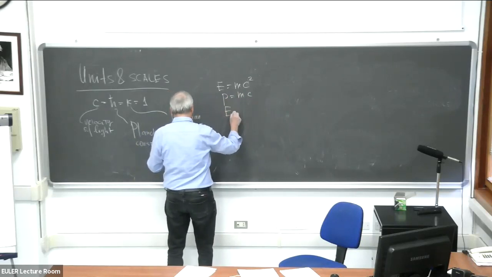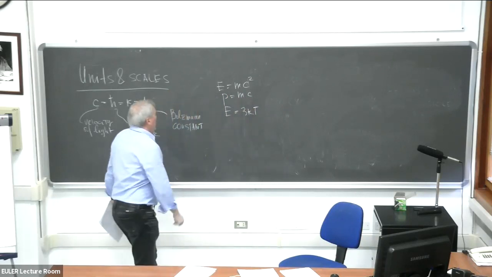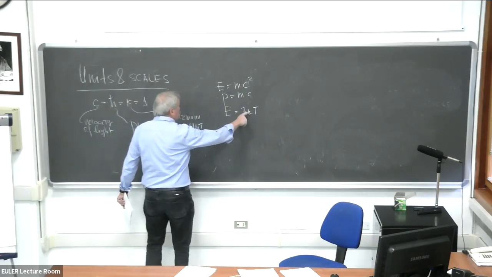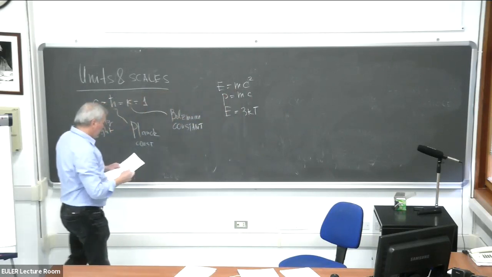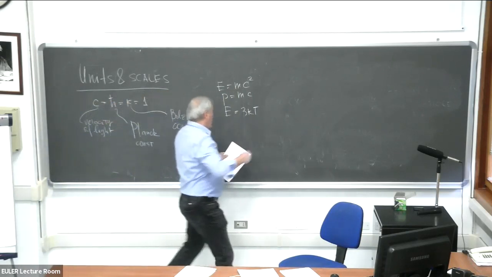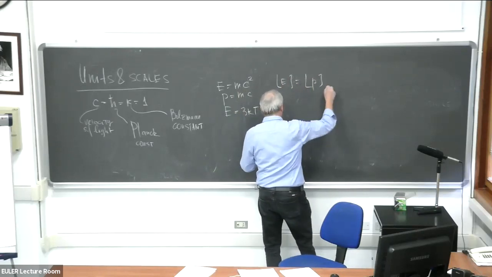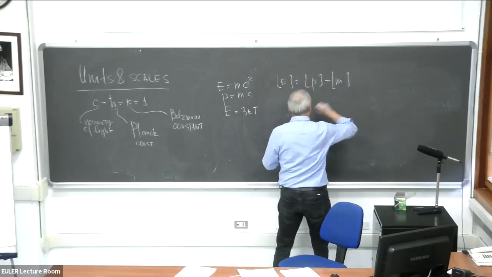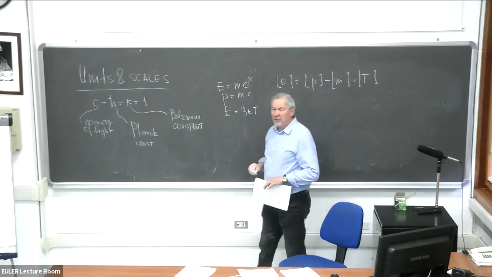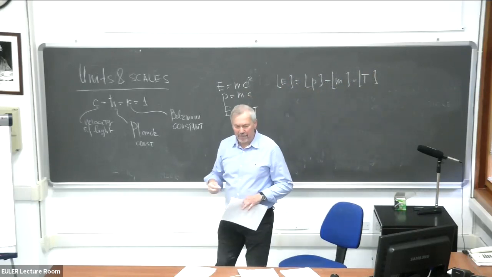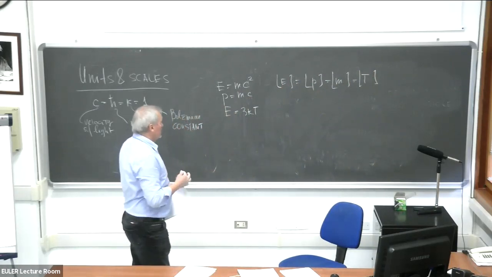And the energy can be written also as 3kT for a bosonic particle. Now, if c is 1 and k is 1, this means that energy, mass, momentum, and temperature can be measured in the same units. So the dimension of energy equals the dimension of momentum equals the dimension of mass and equals the dimension of temperature. And usually we are using energy units to measure everything. So we are measuring momentum and mass in units of energy and also temperature.